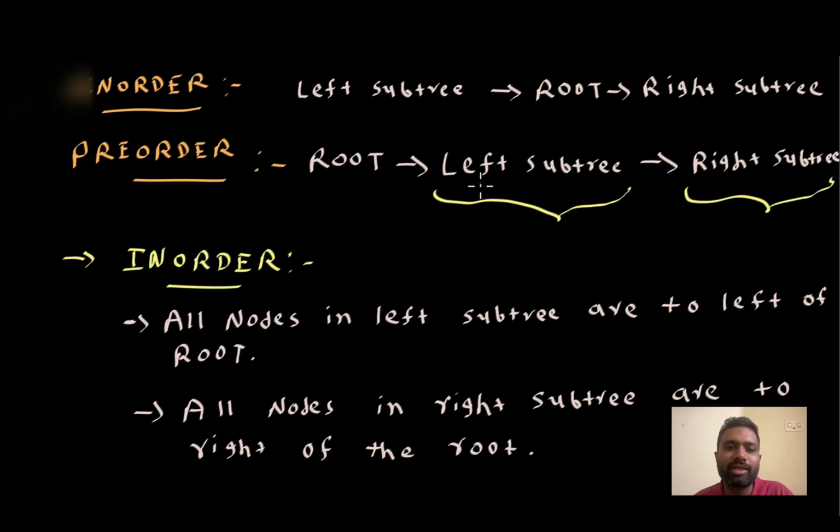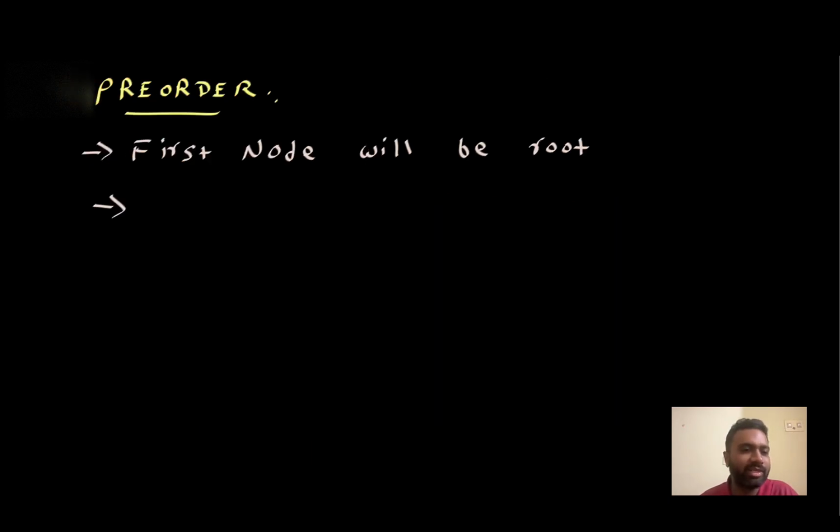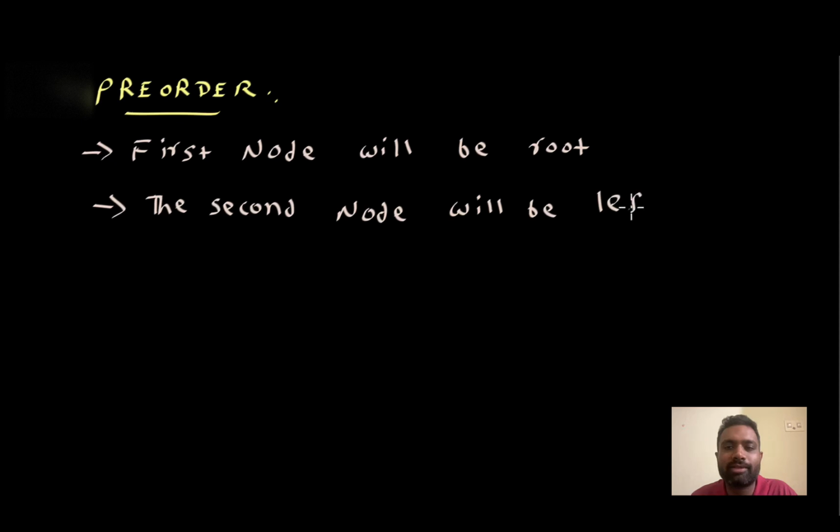So another property is the second node will be the left child of the root itself. So this is one more property I want you to observe: the second node will be the left child of the root.